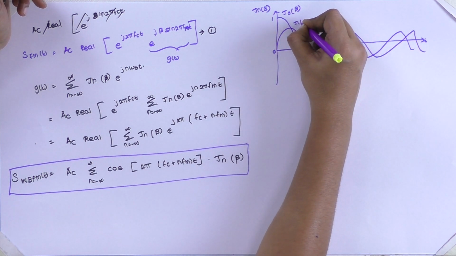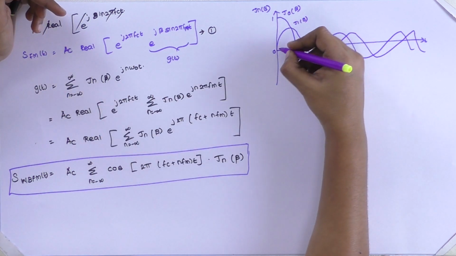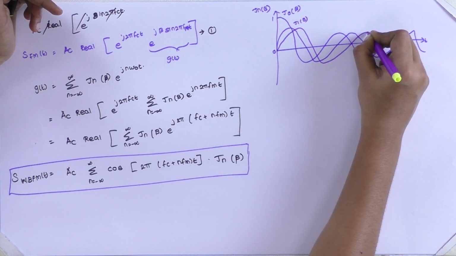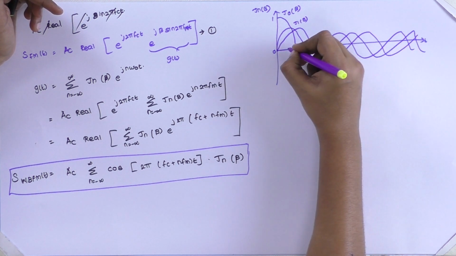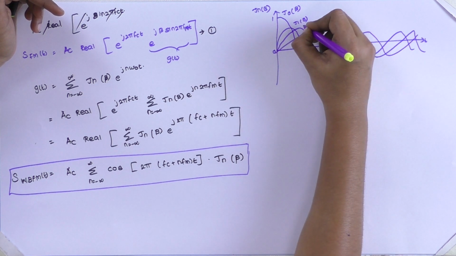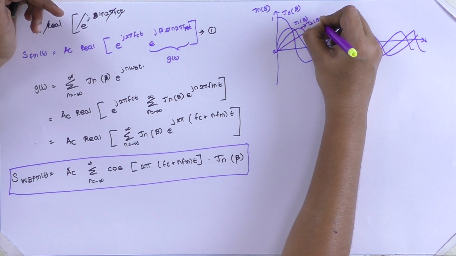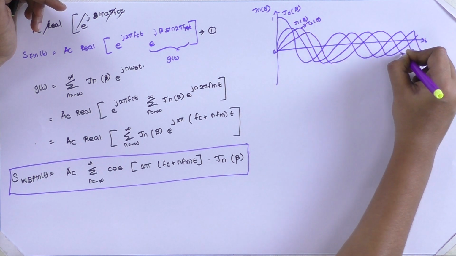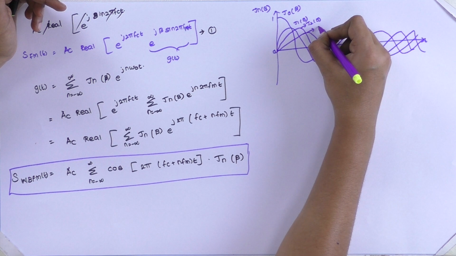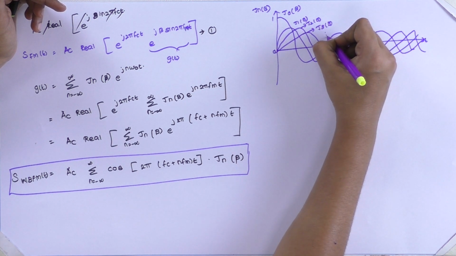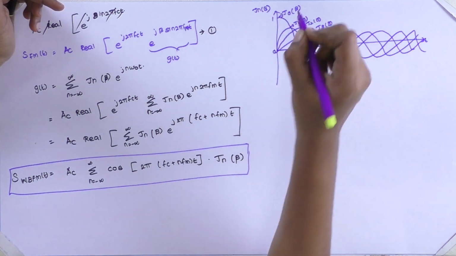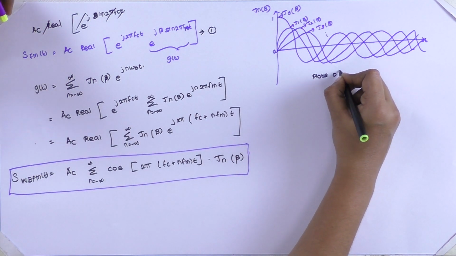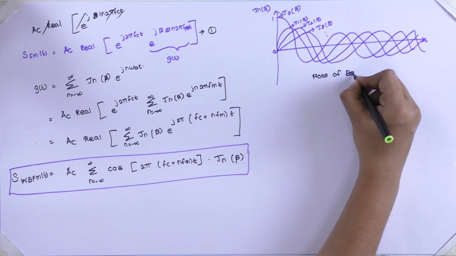This is for J1 of beta. When I have J2 of beta, again, this is for J2 of beta, and this is for J3 of beta. It goes on like this. These are the plots of Bessel function.